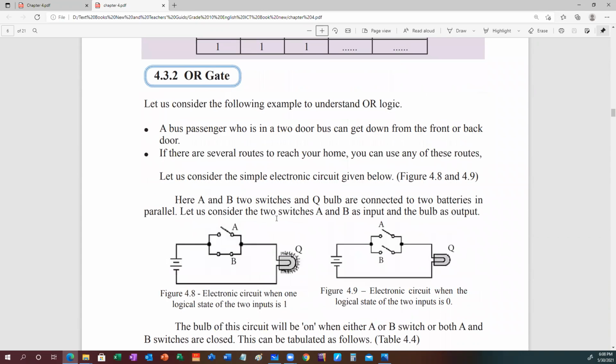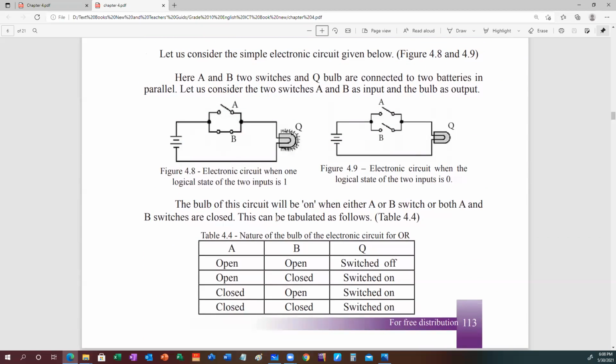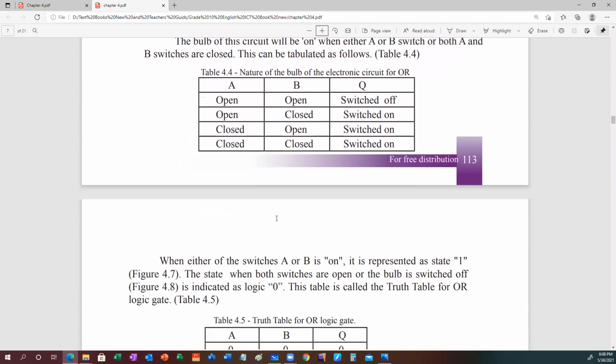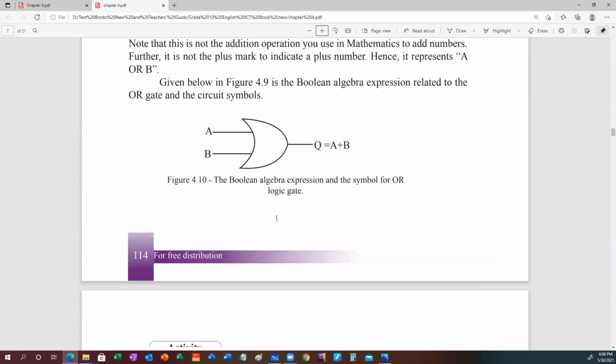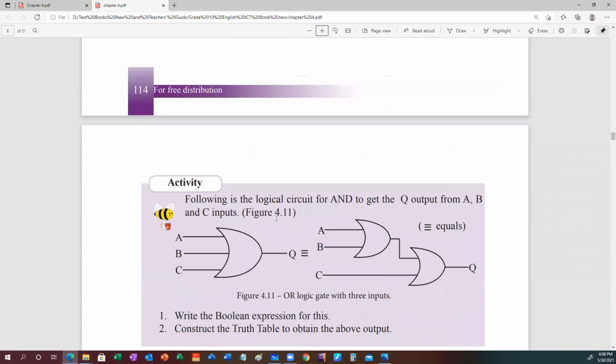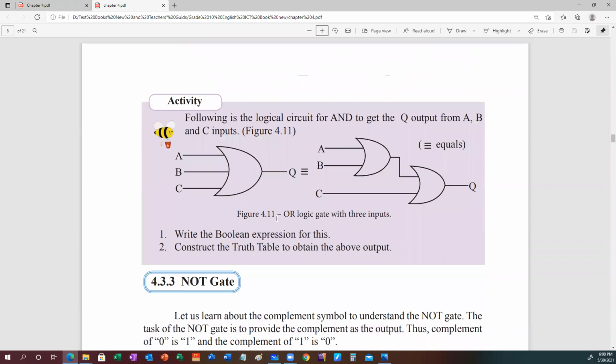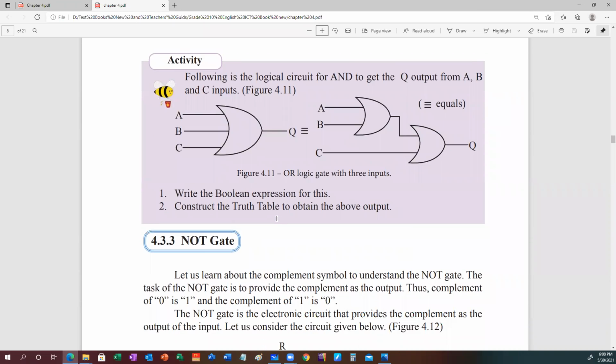Then we came to the OR gate, where in the switching circuit you have the switches located one below the other. So the switching circuit is called the parallel switching circuit. Here you can understand the same with the 3 input OR gate and the 2 input OR gate.